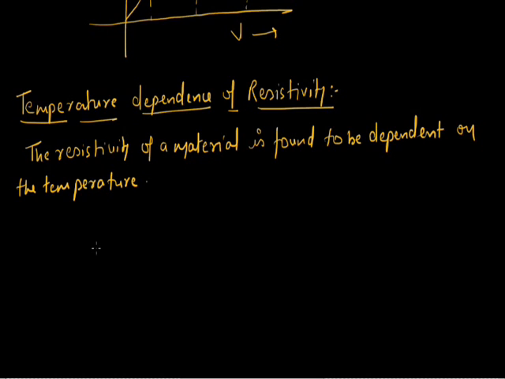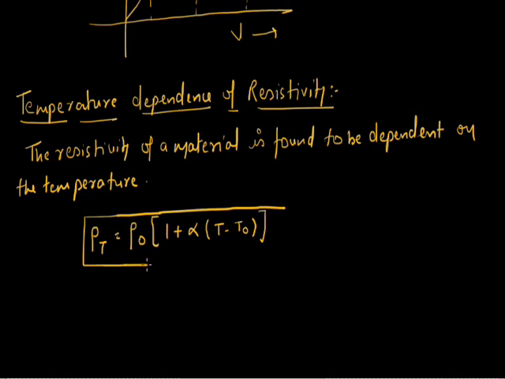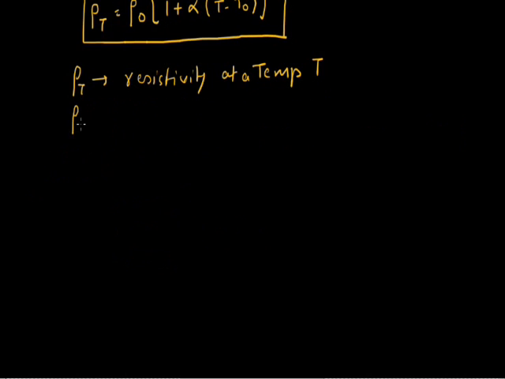There is this relation between resistivity and temperature: rho T equals rho naught into 1 plus alpha into T minus T naught. Where rho T is the resistivity at temperature T, rho naught is the resistivity at reference temperature.